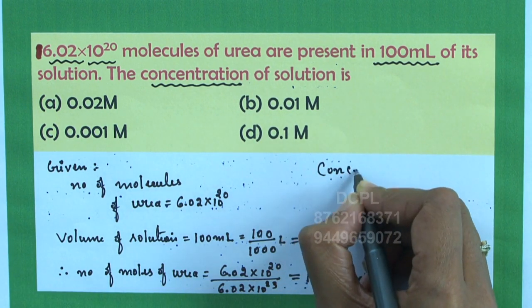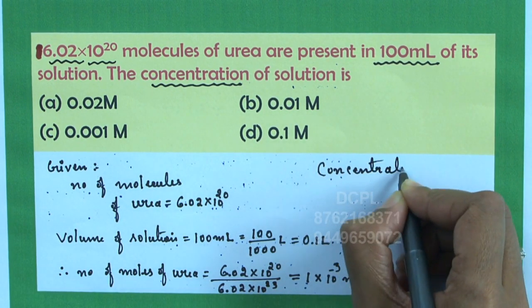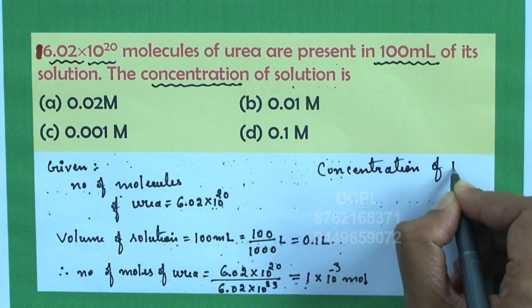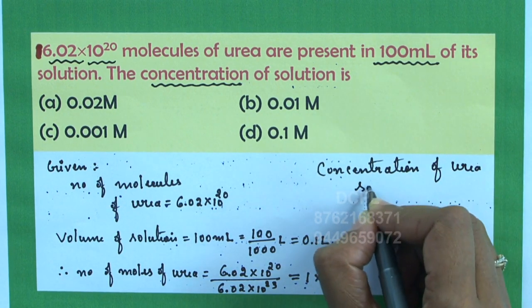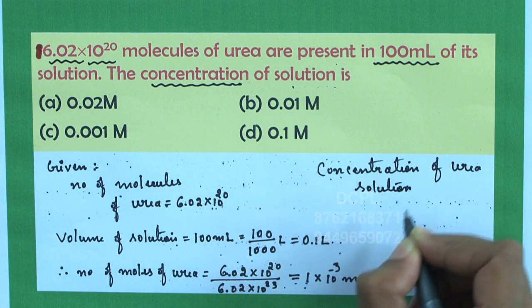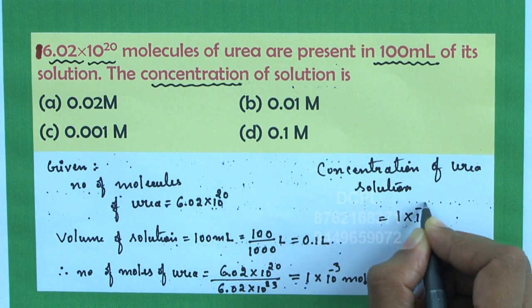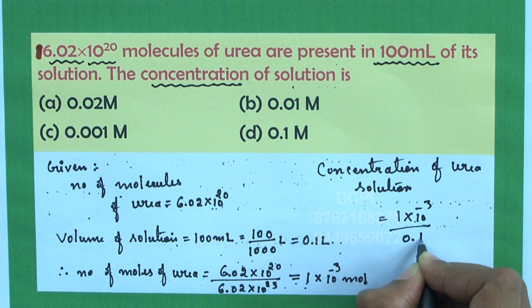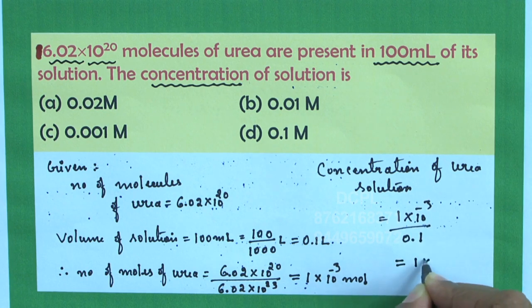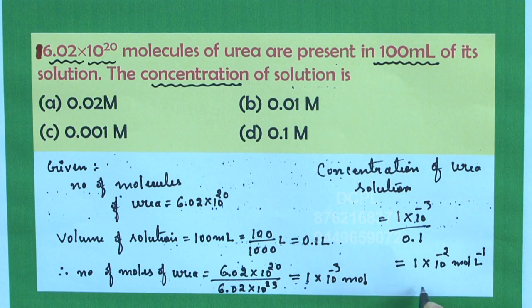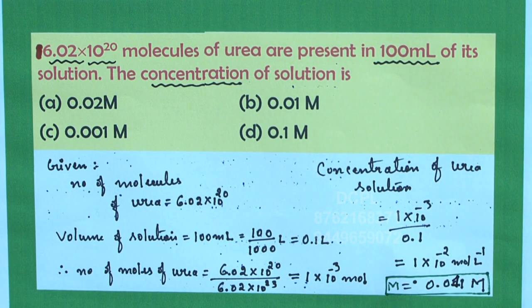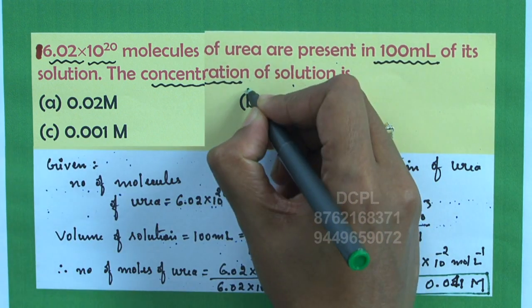Thus, the concentration of urea is 1 into 10 to the power minus 3 divided by 0.1, which is equal to 1 into 10 to the power minus 2 mole per liter, or 0.01 molar, and hence the right option is option B.